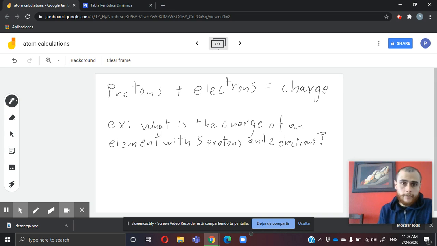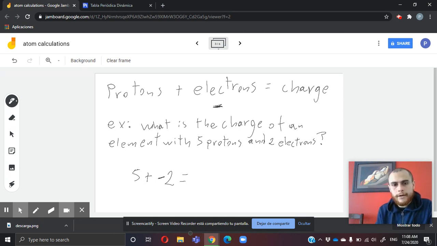I just have to be careful that the electrons are always going to be negative, so I need to put a minus sign. That says 5 protons. I'm going to write down 5 plus 2 electrons, and I'm going to put them negative because electrons have a negative charge. So this is the formula: 5 protons minus 2 electrons equals charge.